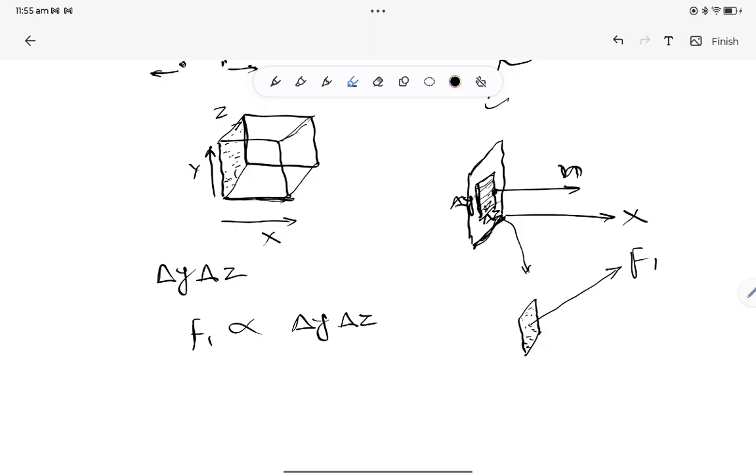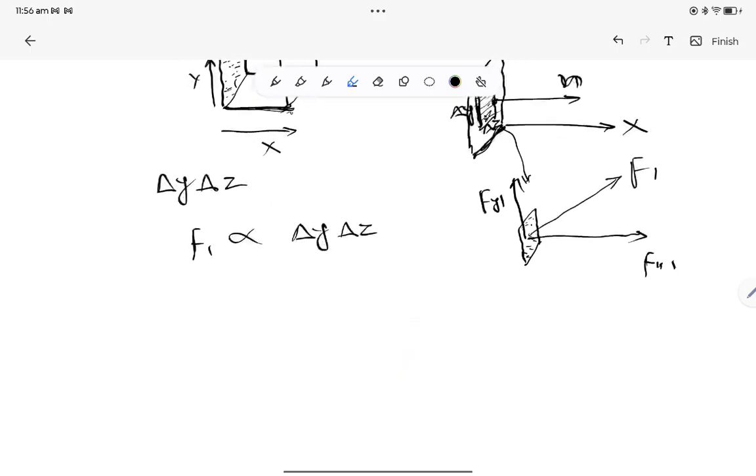So you have F1 directly proportional to this area, delta y, delta z. Now, if this is the x-axis and this is the y-axis, then this F1 has an x component, Fx1, a y component, Fy1, and it can have a z component.